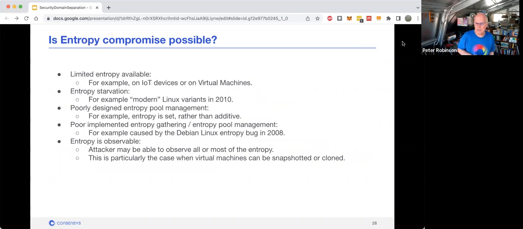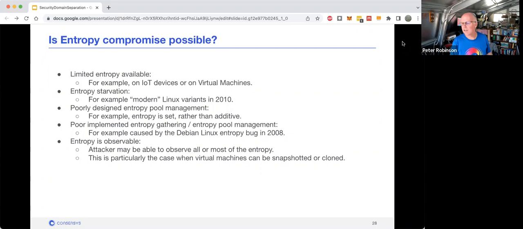Entropy compromise is also definitely a thing as well. So you can be in limited entropy environments like IoT devices or virtual machines. You can have entropy starvation where you have lots and lots of processes all trying to get entropy at the same time.